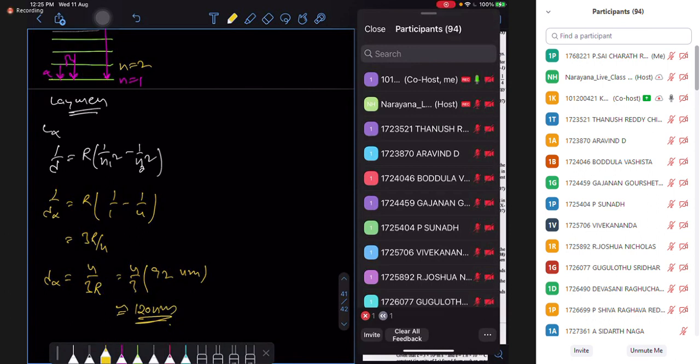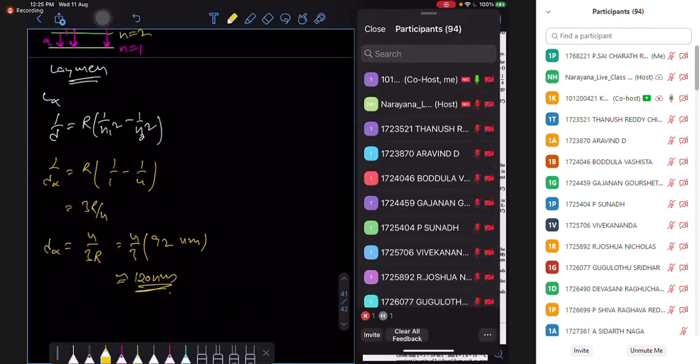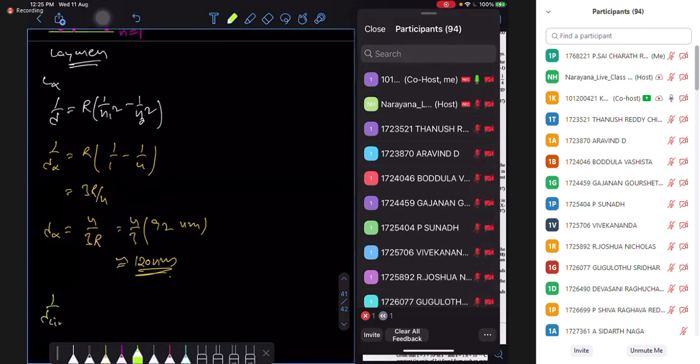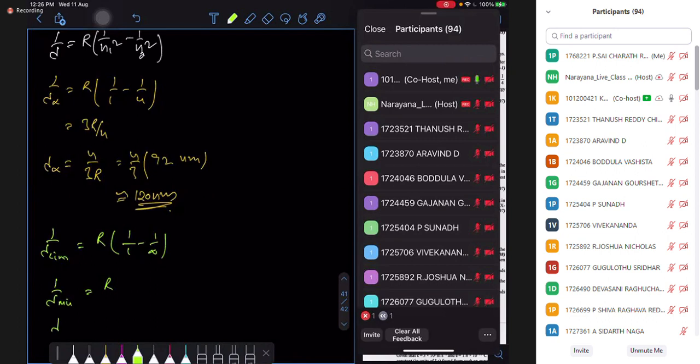And the last line, which is the limit line, has a transition from infinity. So lambda limit is 1 by R, which is nearly around 92 or 91. You can check the exact answer in your books.